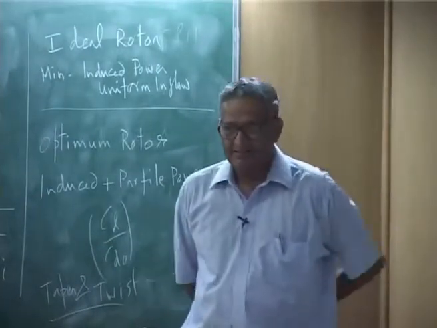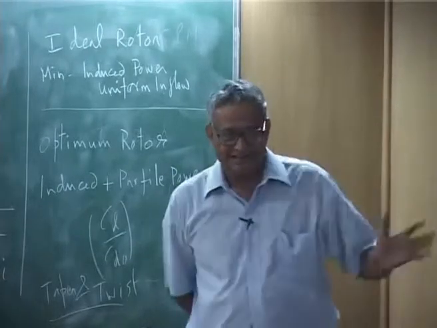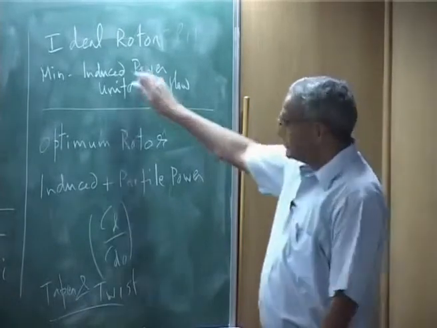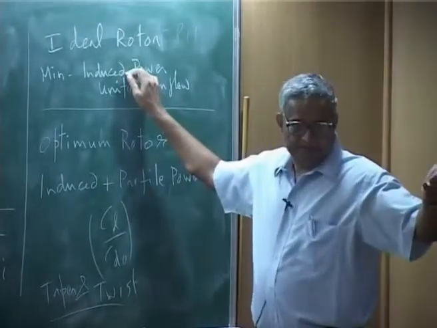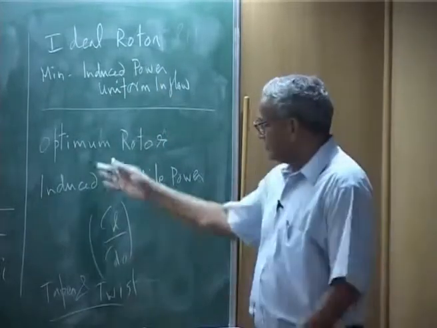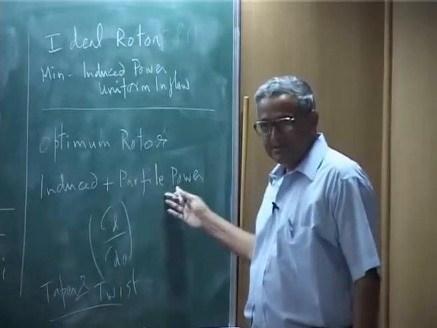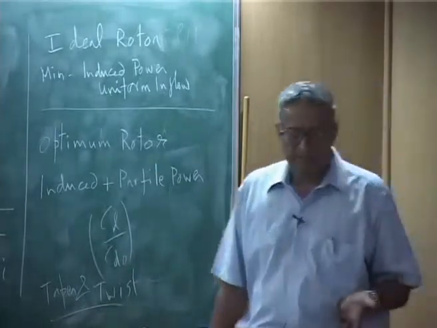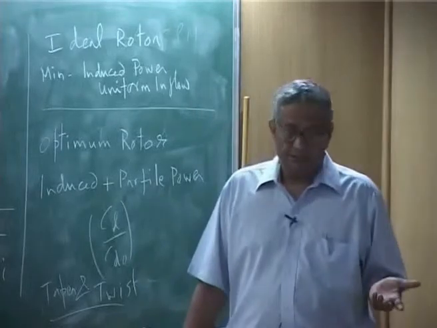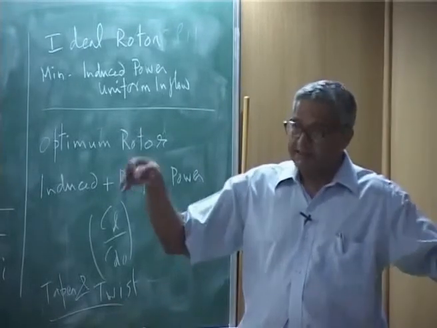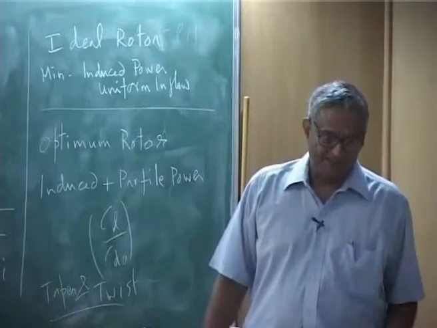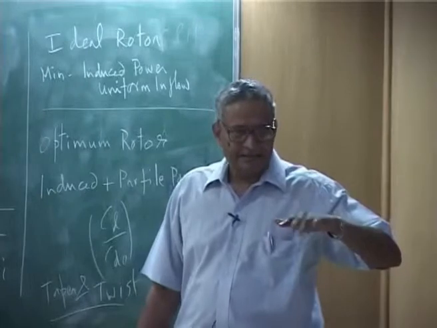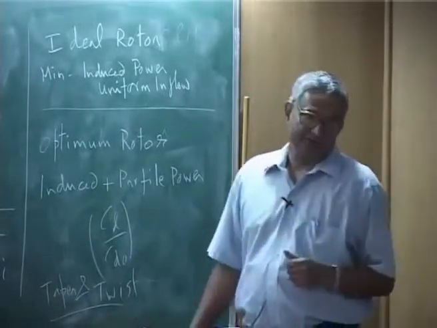This you can do as an exercise, but right now I am only telling you that this is only a theoretical part for real helicopters. In real life you need to deal with Mach number effects, tip losses, many things will come into picture. So when they go for actual design, they have to take every factor into account.